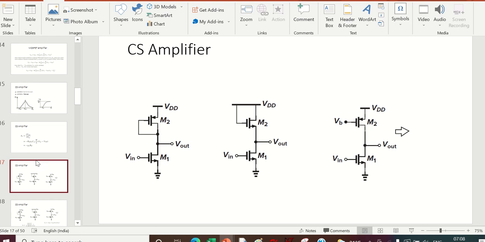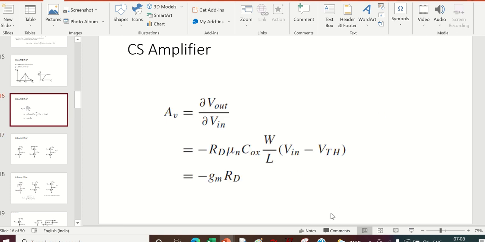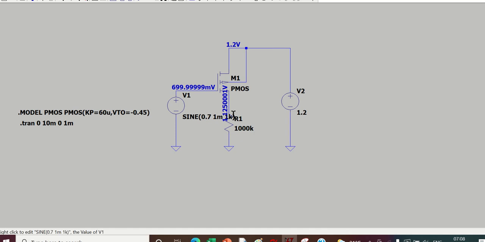Okay. Now let us go to a variant here, a simple common source amplifier. Here the problem is that as we increase the resistance, the drop is increasing. Okay. So although gm into RD increases, our drop keeps increasing.